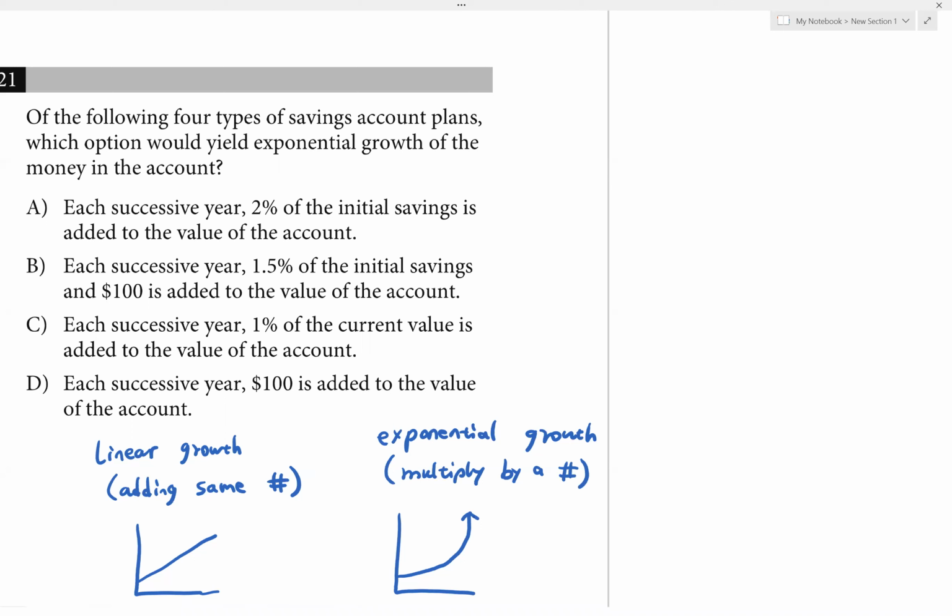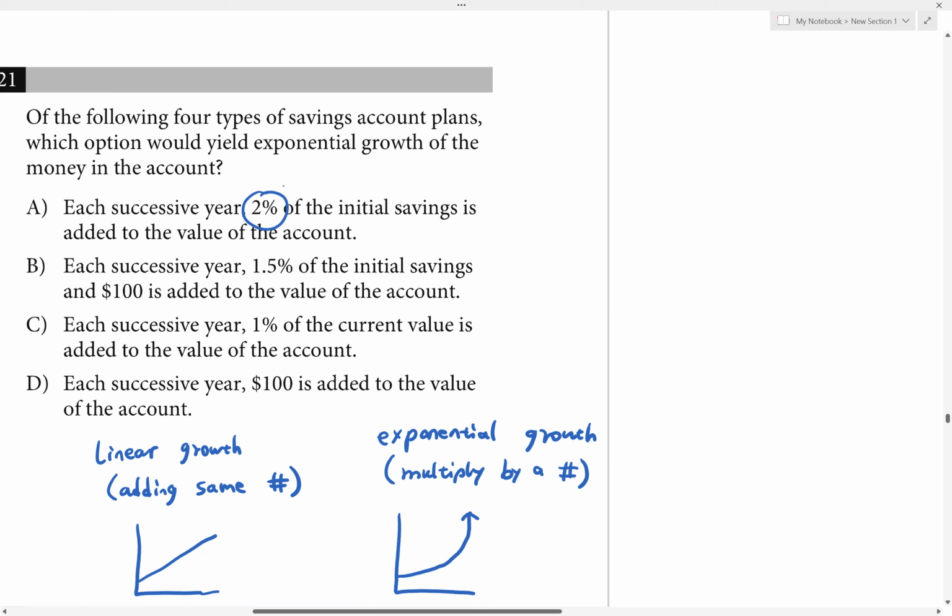And usually if they say it's growing at a percentage, that should be exponential growth. But then we have to be a little bit more careful with this question. If you look at A, A says that 2% of the initial saving is added to the value of the account. So that seems like it's growing by 2% each time.